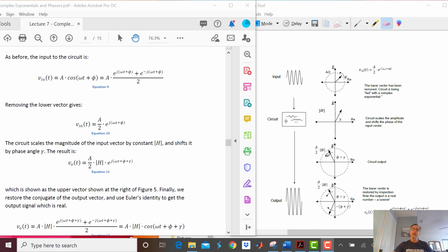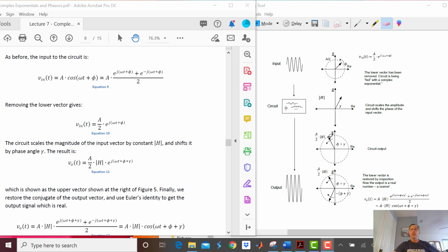Here is my input signal that has been shifted by gamma, by the phase that the circuit will cause, and it's scaled. So the result is going to be my initial amplitude scaled by h and phase shifted. And that's shown right here.